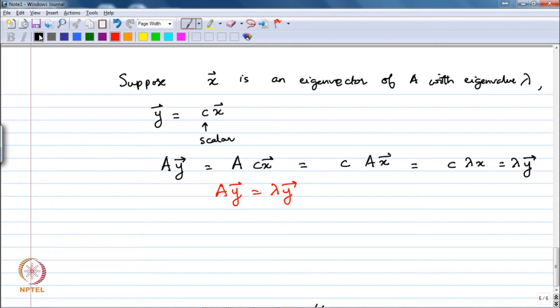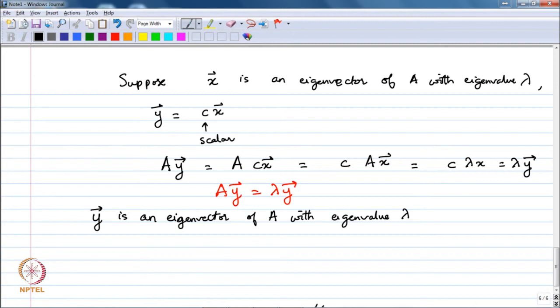Okay. So, what this says is that y is an eigenvector of A with eigenvalue lambda. Okay. So basically, if you take an eigenvector multiplied by a constant, you will get another eigenvector with the same eigenvalue. Okay.